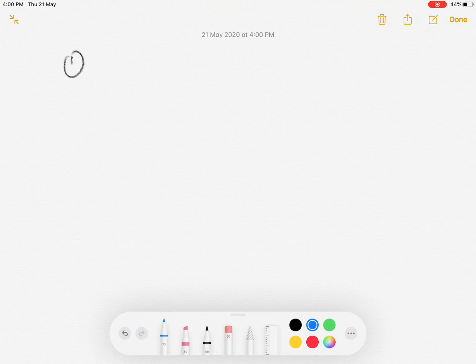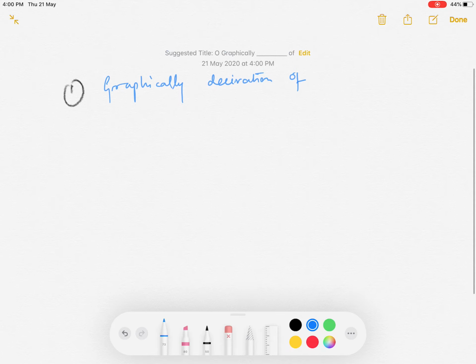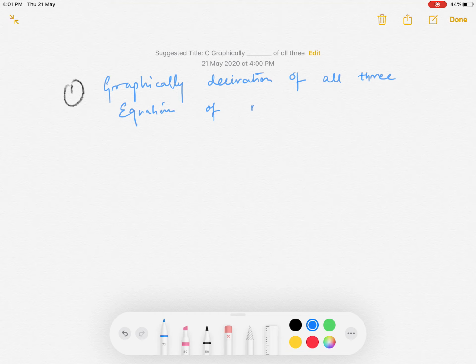So, our topic for today is graphical derivation of all three equations of motion.